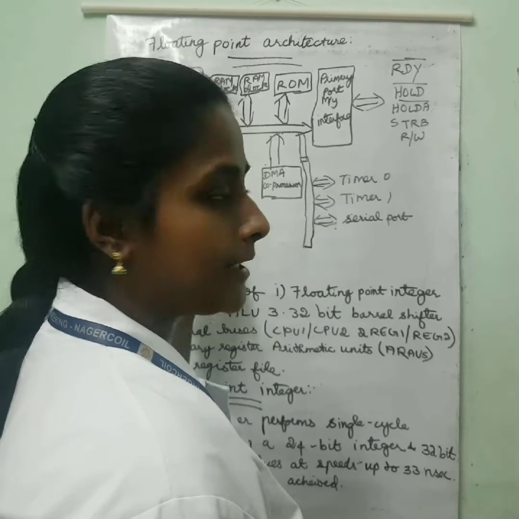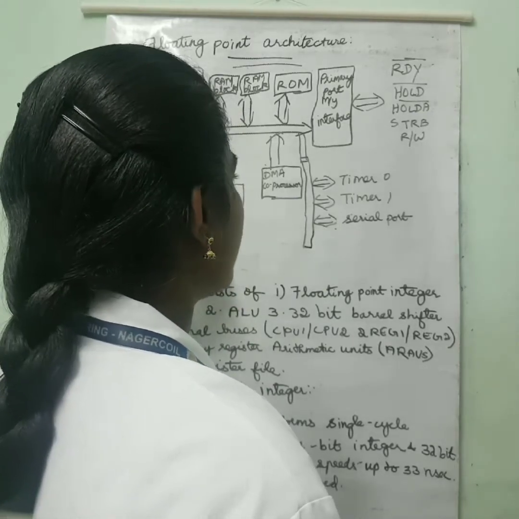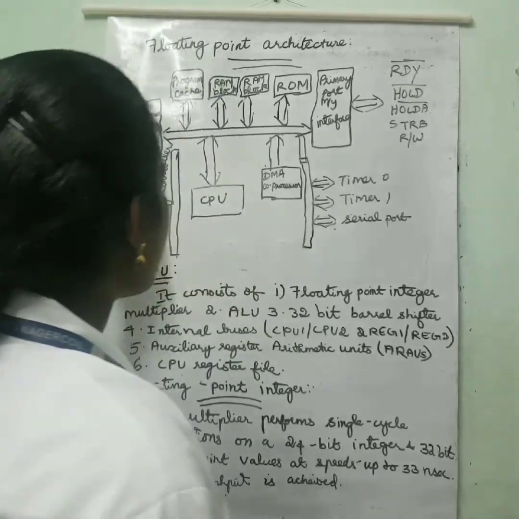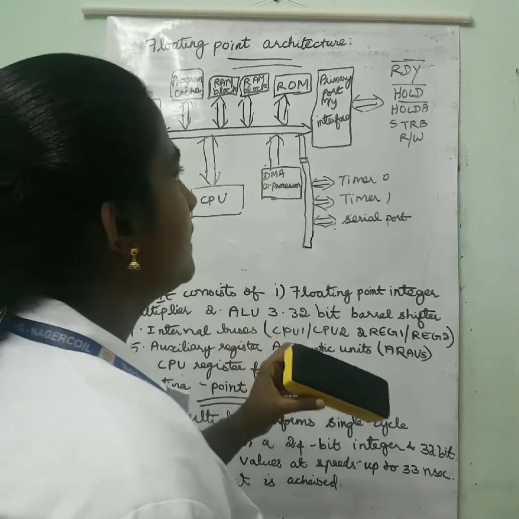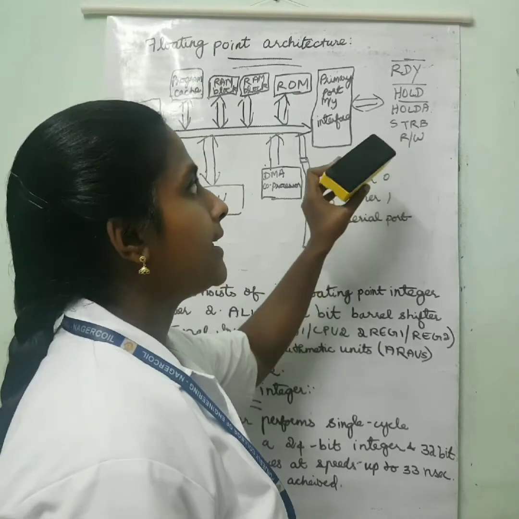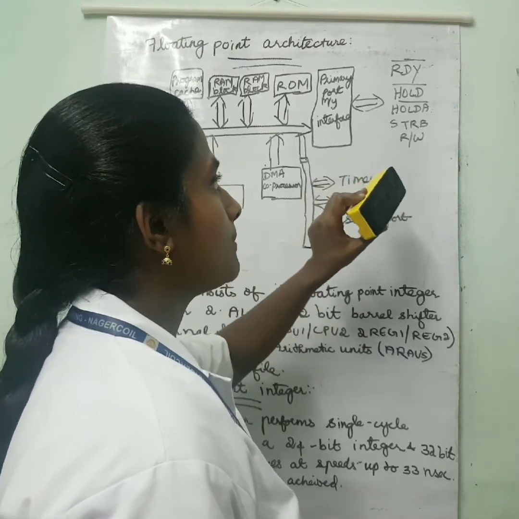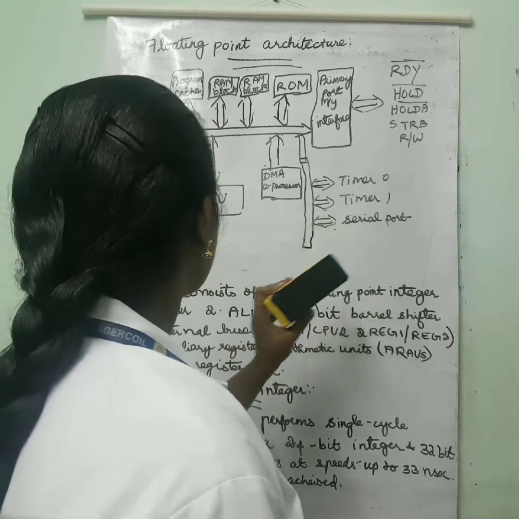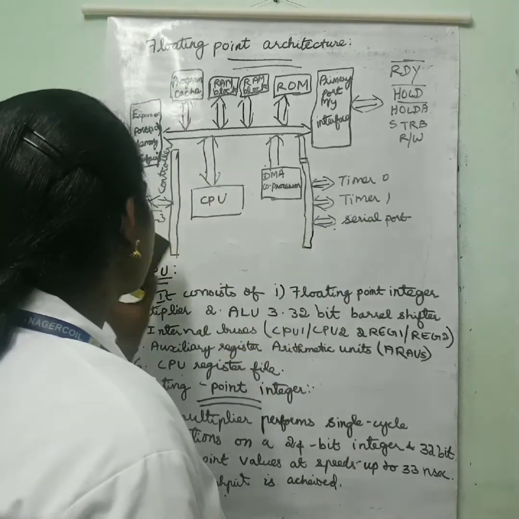We also have an important part, the CPU, then the DMA coprocessor, then the expansion port memory interface, then signals such as ready, HOLDA, STRB, read write, and timer, serial port, reset and interrupt signals.